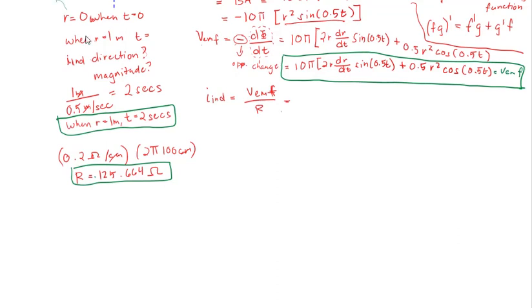So now we're ready to calculate I induced. We'll just write down the top, which is VEMF, and since we already have the values for R and t, we substitute those as well. So that's 10 pi times 2 times 1, remember 1 meter, and dr/dt is just the rate of change. So r went from 0 to 1, so that's 1. For dt, t went from 0 to 2, so it's just 1/2.